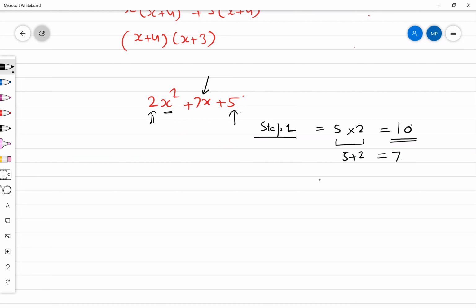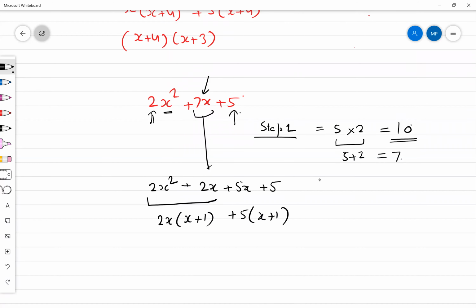Now I can write this 7x as 2x plus 5x, so 2x square plus 2x plus 5x plus 5. From the first two terms, I can take 2x common, so I'll get x plus 1, and plus 5, x plus 1. Then I can take this x plus 1 as common, so I'm getting 2x plus 5.